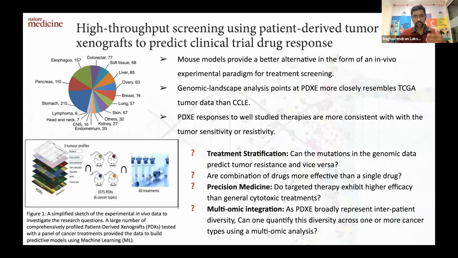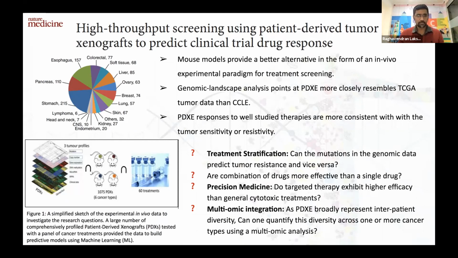profiled the gene expression levels and the gene mutation levels and the copy number variation levels. And then these tumor cells are grafted into immunosuppressant mouse. These mouse were administered different sets of treatment regimes, and the tumor's response to these treatment regimes was studied.